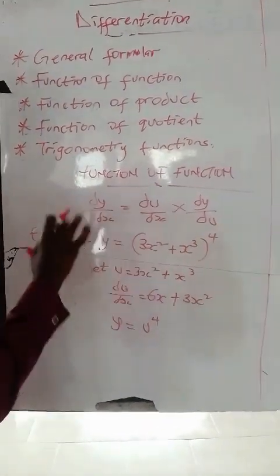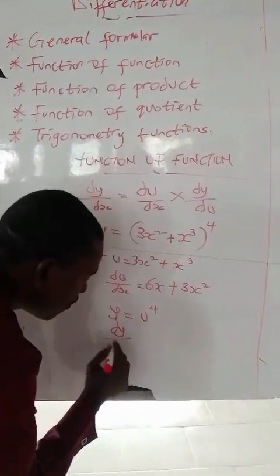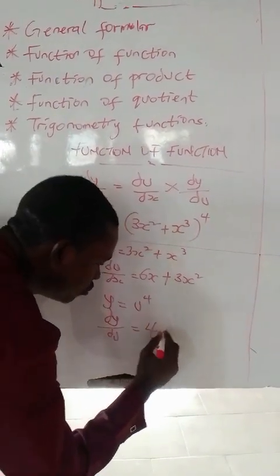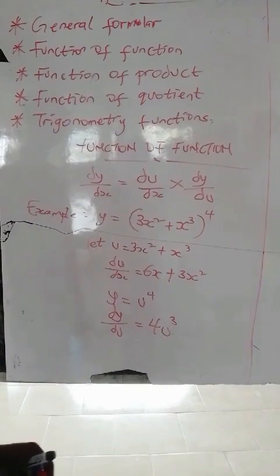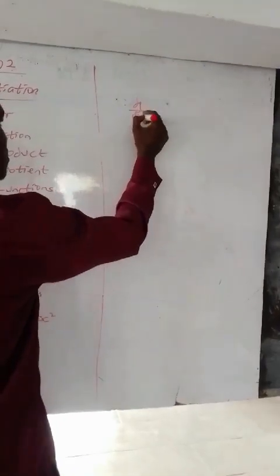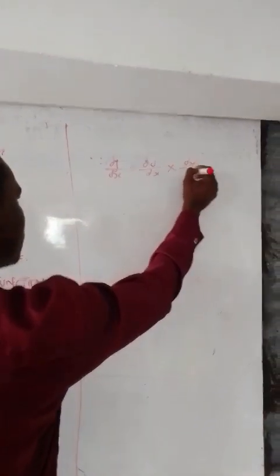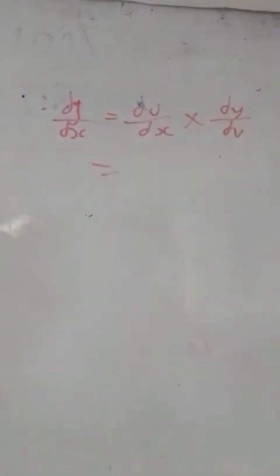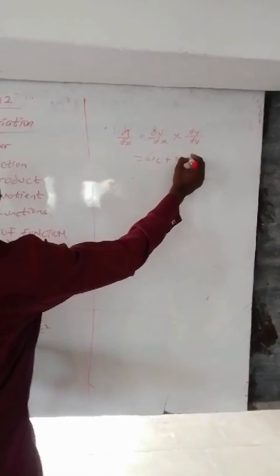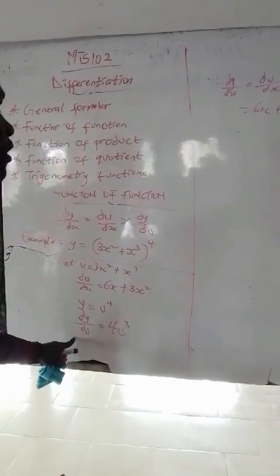Then you look for dy over du, that's y with respect to u, which is 4u raised to power 3. So, not forgetting the formula, dy over dx equals what? du over dx times dy over du. What is du over dx? It is 6x plus 3x squared. Then times, what is the dy over du?